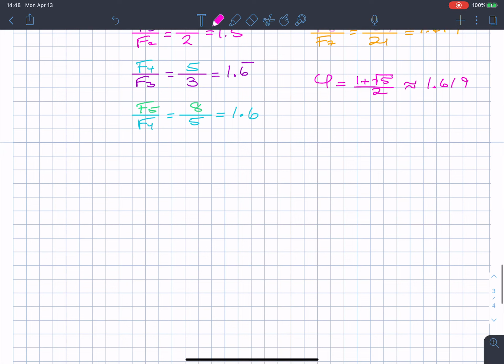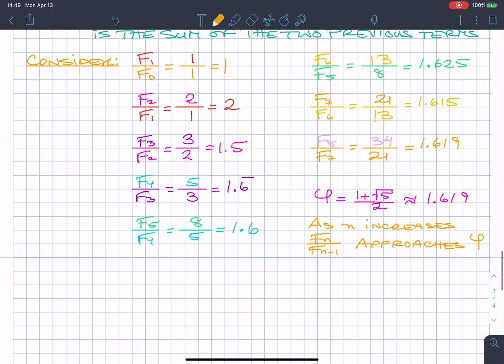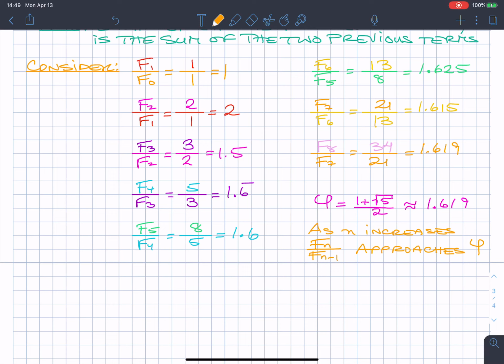So as n increases, f sub n divided by f sub n minus 1 approaches phi. So the ratio of Fibonacci numbers approaches phi the larger n gets. Okay, I hope that makes sense, and I'll see you in the next section.